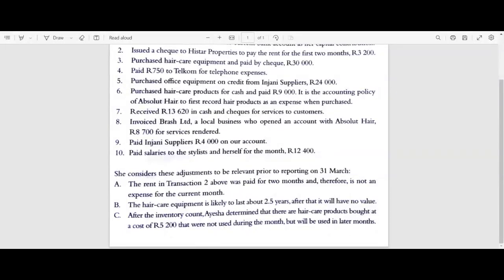Thank you so much for all of those answers. Yes, quite correct. So we are going to debit our bank account with that 13,620. But now we've also got to credit an account with that same amount of 13,620. And we've got to give that account a name. So what are we going to call that account, ladies and gents?